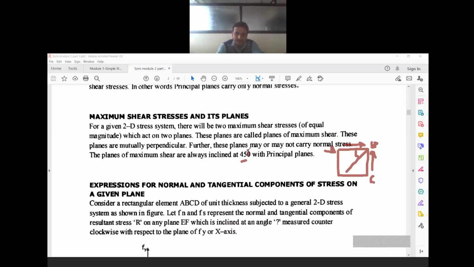This is 45 degree, at an angle of 45 degree. So this is the principal plane, and planes AB and AC are the planes of maximum shear stresses.